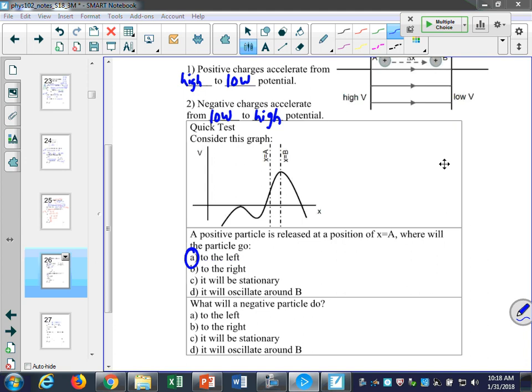That's what radio antennas do, right? They set up a potential like that, and that electron zooms back and forth. That's what radio antennas do, they move an electron back and forth at a particular frequency.